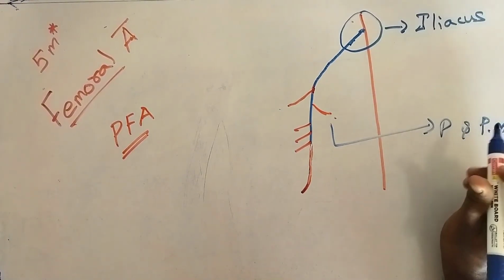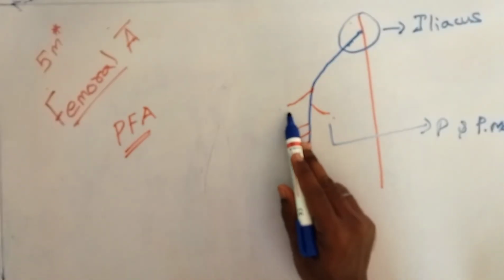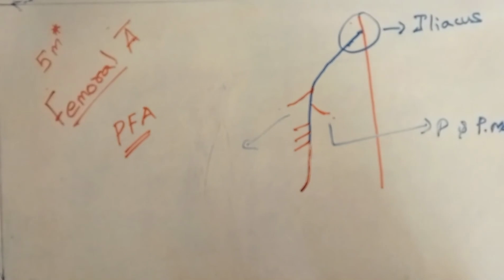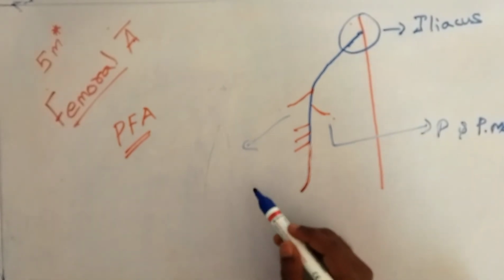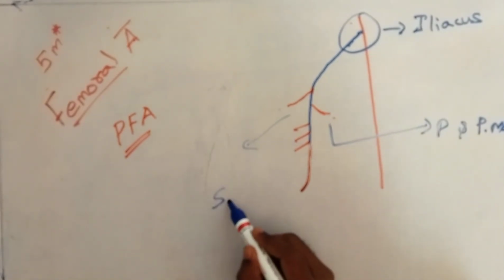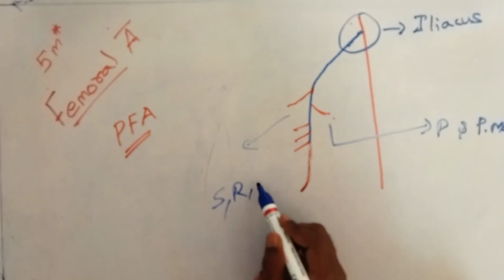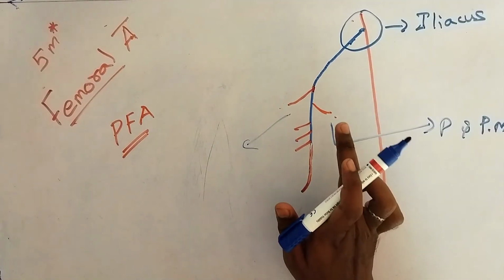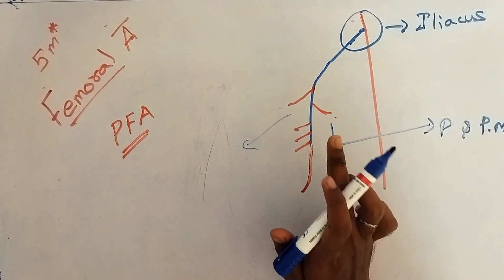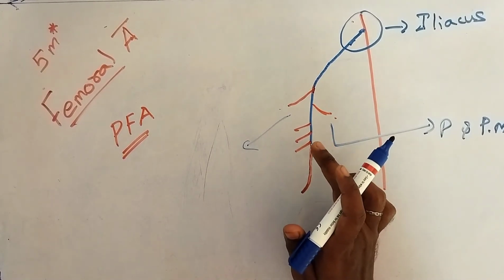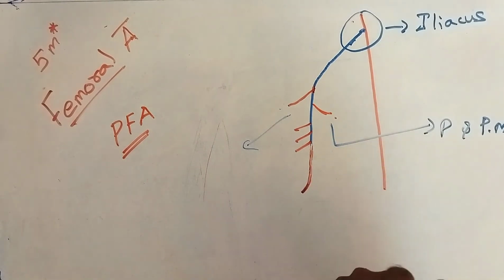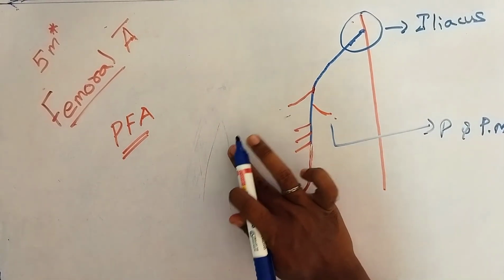The lateral circumflex femoral artery runs laterally between the anterior and posterior divisions of the femoral nerve, and passes behind sartorius and rectus femoris, and again divides into 3 sub branches.